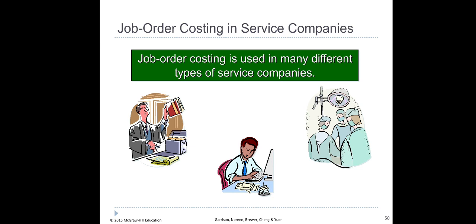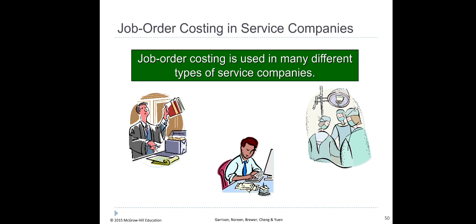An architect firm is a business that should use job order costing, because every architect service is unique. And then in one accounting year, there are many architect service jobs. So how to calculate the cost for every job? The business can use job order costing to calculate the cost for every architect service job.